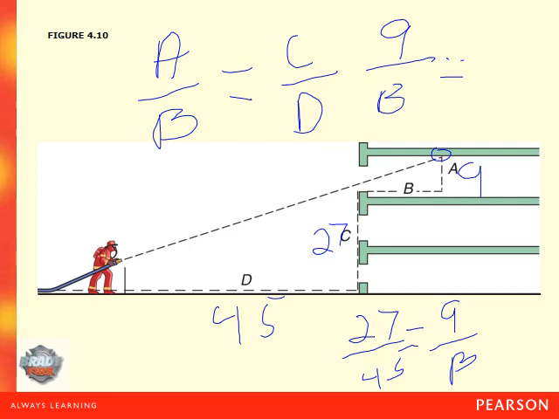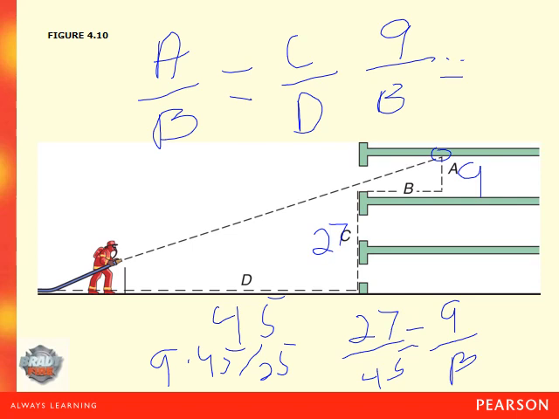So that's going to be 9 times 45 divided by 27 to get B. Let's get the old calculator rolling again. 9 times 45 is 405.